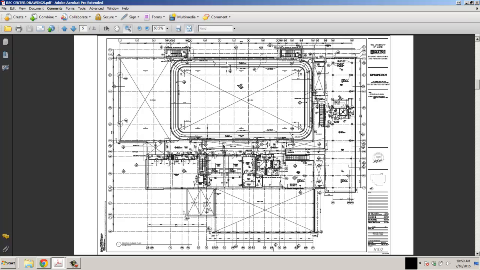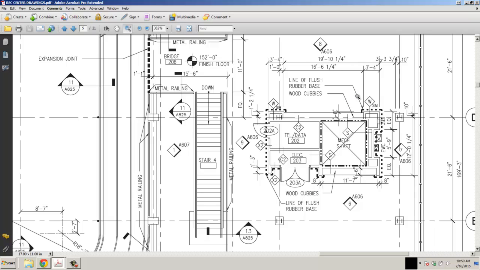If we look down here at our stairwells, we can see our telephone data closet. There's an electrical closet. We got some wooden cubbies up here where you can put your clothes. Rubber base, mechanical shaft comes up through. EWC is an electric water cooler. There's two of them here.